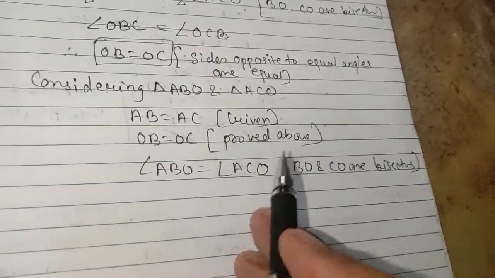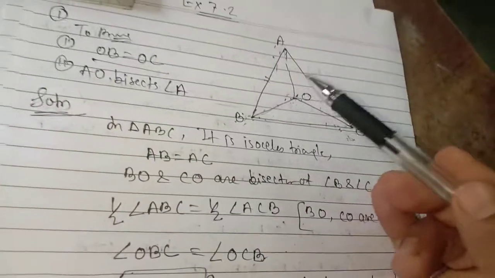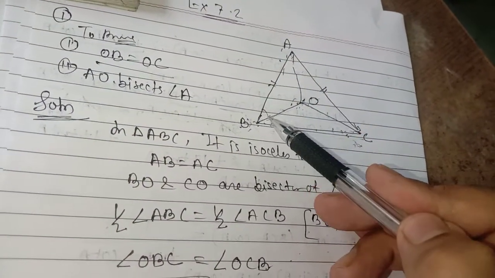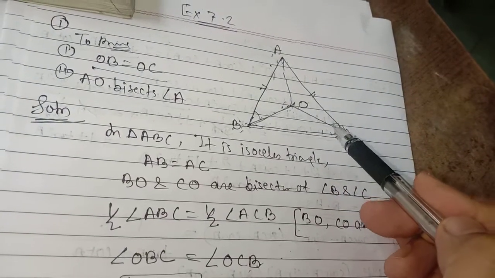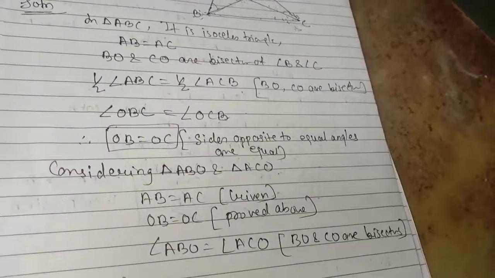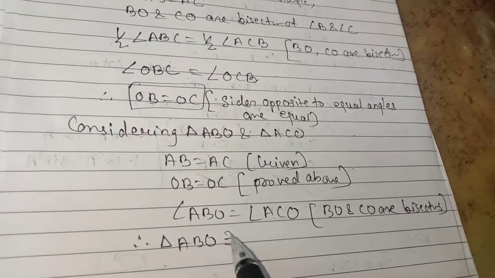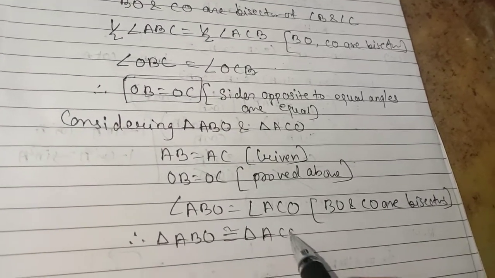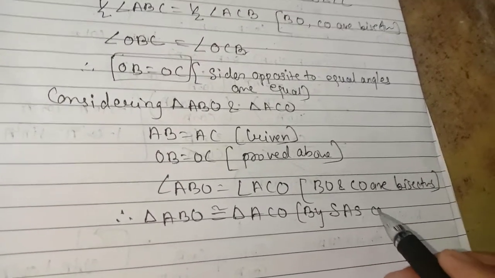So we can write clearly ABO is equal to ACO. So see here we got the proper reason: side, angle, side. Okay, side, angle and side. So therefore triangle ABO is congruent to triangle ACO by which rule? By the side, angle, side congruency rule.